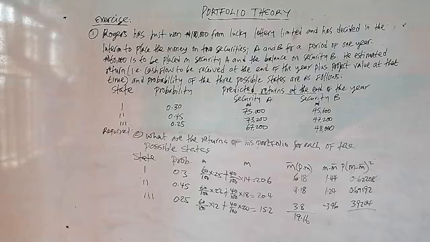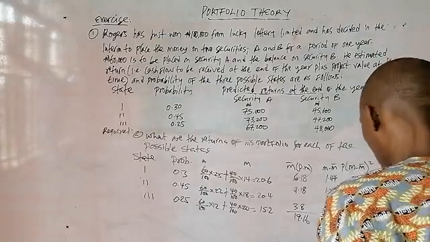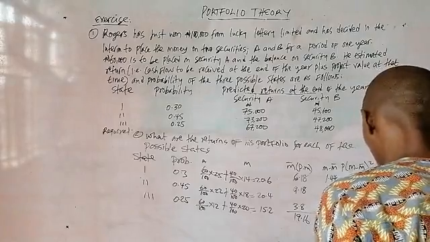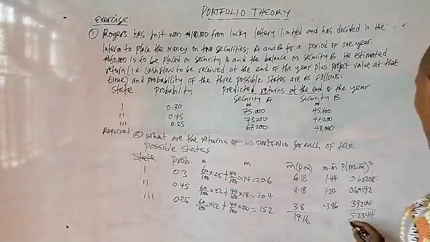Let's now sum it up. We have our variance, which is 5.2344.